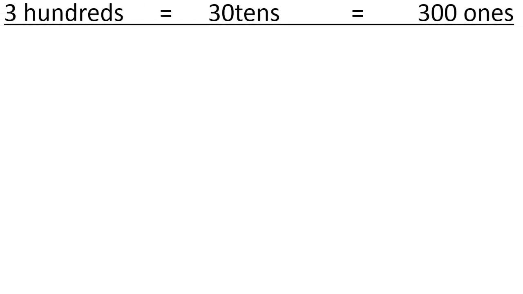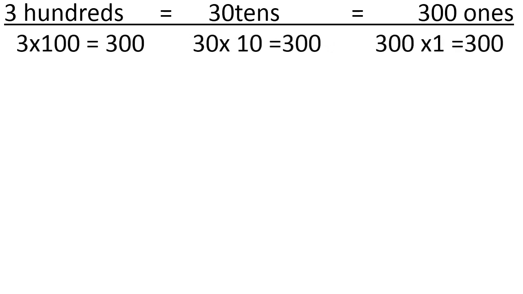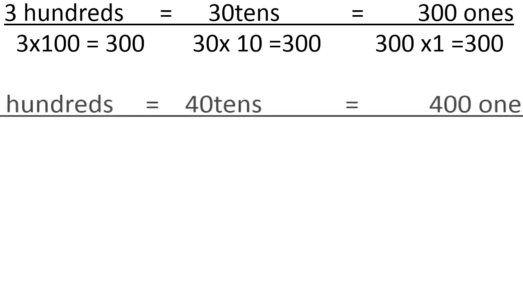Now here 300 is equal to, in tens form 30 tens, and in ones form 300 ones. See 3 multiplied by 100 is equal to 300. 30 multiplied by 10 is equal to 300. And here 300 multiplied by 1, that is also equal to 300.